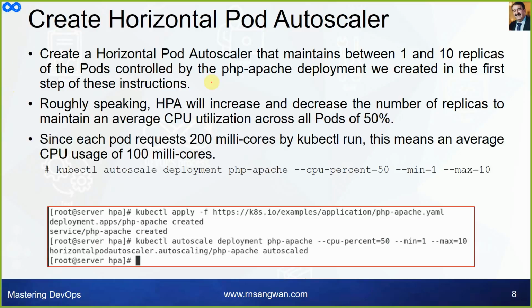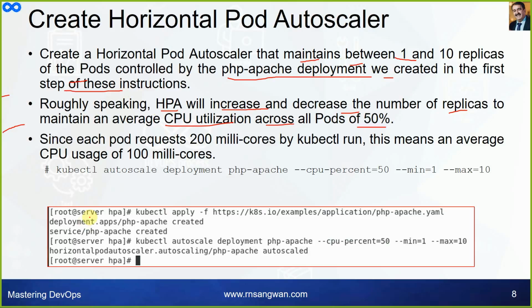Create a horizontal pod autoscaler that maintains between 1 and 10 replicas of the pods controlled by the php-apache deployment. Roughly speaking, the HPA will increase and decrease the number of replicas to maintain an average CPU utilization across all the pods of 50%.